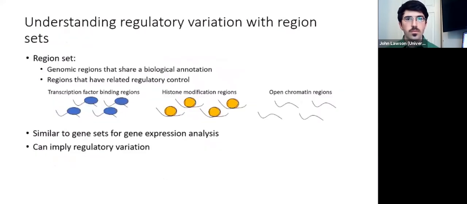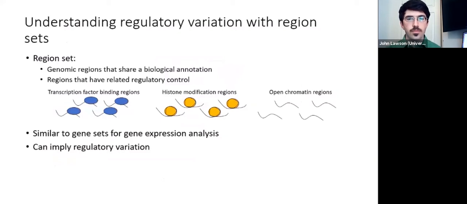So just a little aside here. I mentioned that the goal of this method is to basically annotate epigenetic variation. And so the way that we're going to do that is using what are called region sets. A region set is a set of genomic regions that share a biological annotation. And our assumption is that these regions have related regulatory control.